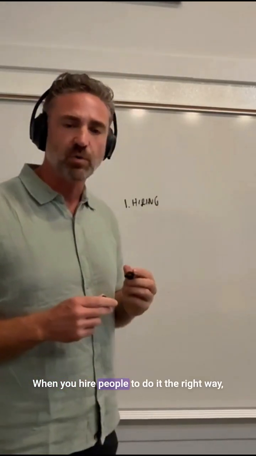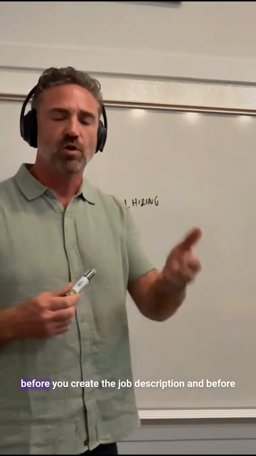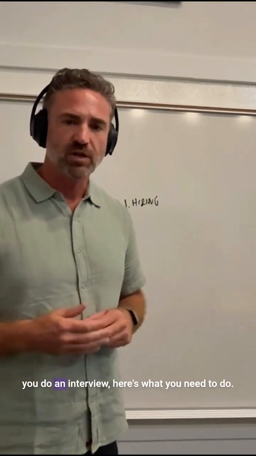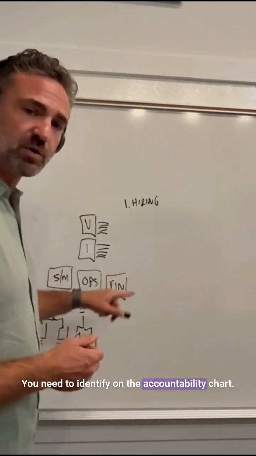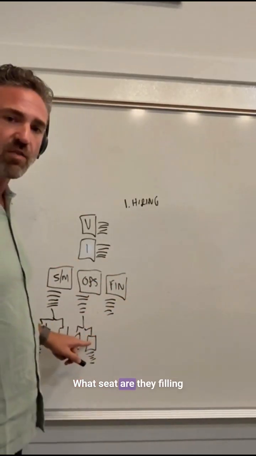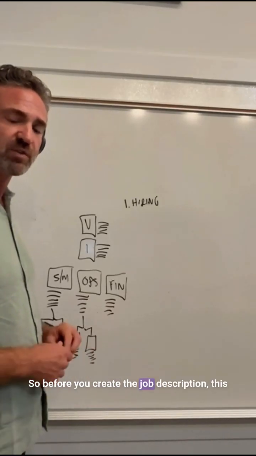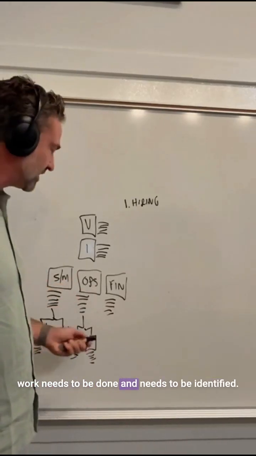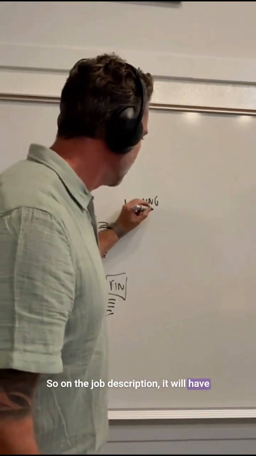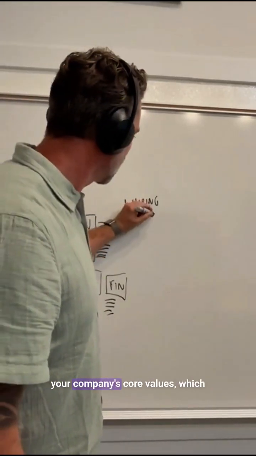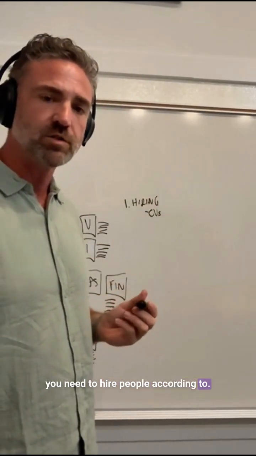When you hire people, to do it the right way, before you create the job description and before you do an interview, here's what you need to do. You need to identify on the accountability chart what seat they are filling and what their 5 roles are. So on the job description, it will have your company's core values, which you need to hire people according to.